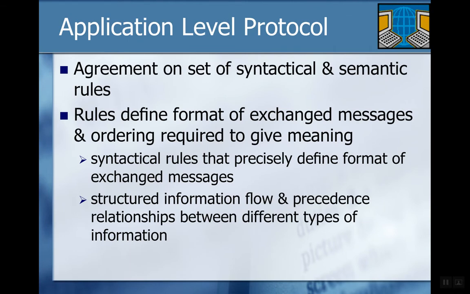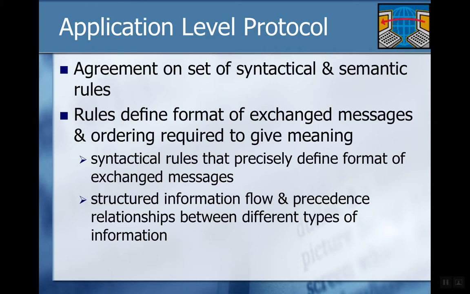So when we're talking about an application layer protocol, basically it's an agreement on a set of rules, syntactical and semantic rules. Basically, this is what comes in, this is what goes out. Here's the structure. This is what the content is. So we define the format, the exchanged messages, and the order.